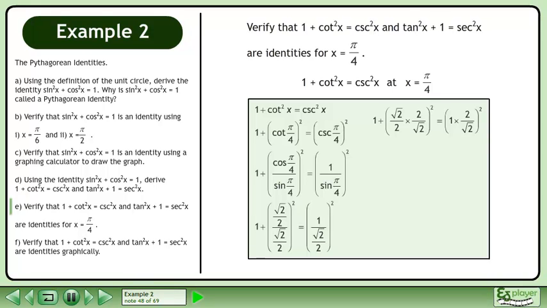For each fraction, multiply the numerator by the reciprocal of the denominator. Simplify. Simplify further. The result is 2 equals 2, which completes the verification.